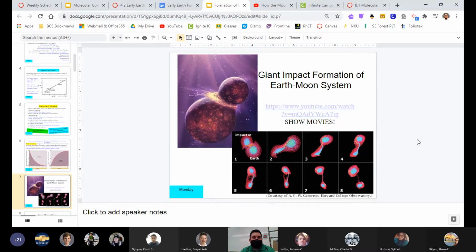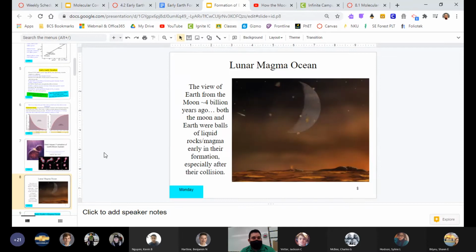Earth does recycle its rock. So very, very early Earth: not only the Moon but Earth both were basically nothing but magma about 4 billion years ago. They were basically liquid rock after that collision.